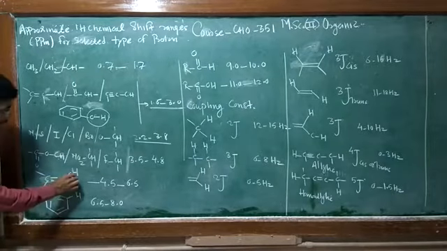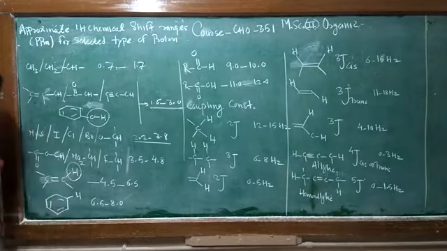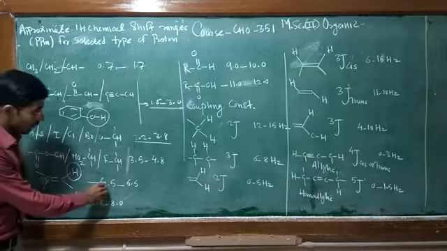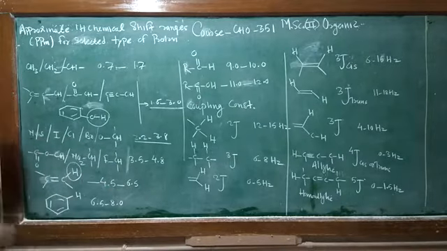The vinyl proton appears at 4.5 to 6.5 ppm. Aromatic protons appear at 6.5 to 8.0 ppm. Then aldehyde 9 to 10 ppm, then the carboxylic acid proton 11 to 12 ppm.